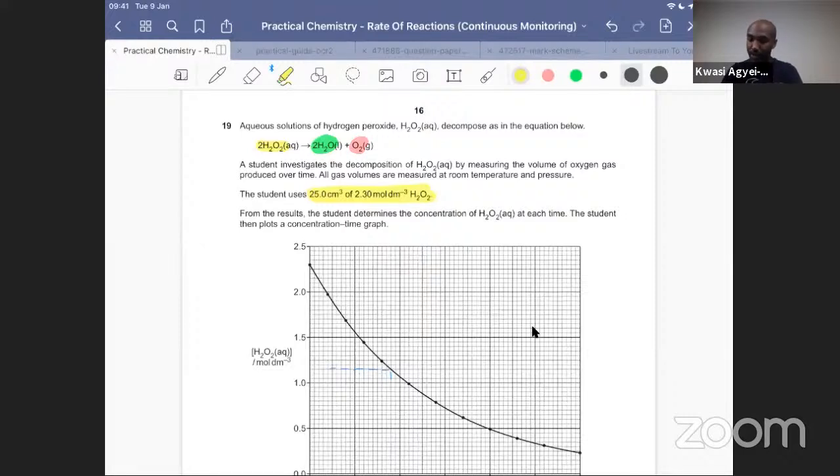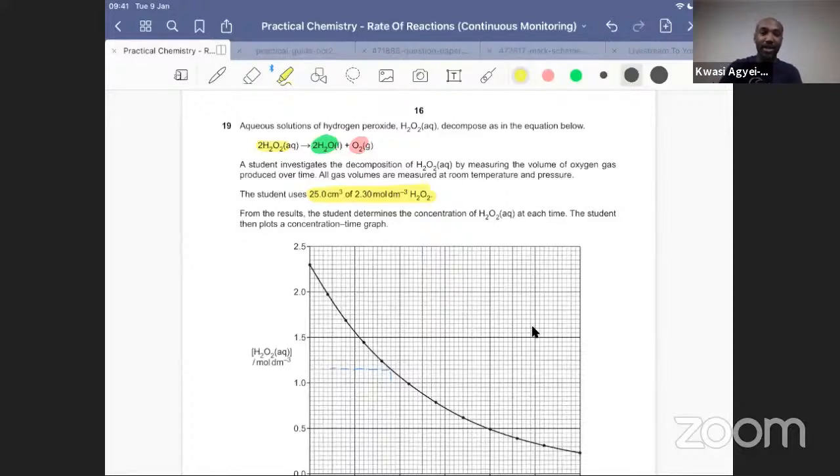And from the results, the student determines the concentration of hydrogen peroxide at each time. By working out the volume of oxygen being produced, we can work out how many moles of hydrogen peroxide have been used to make that volume of oxygen, and therefore how many moles of hydrogen peroxide were left at that time in the reaction.